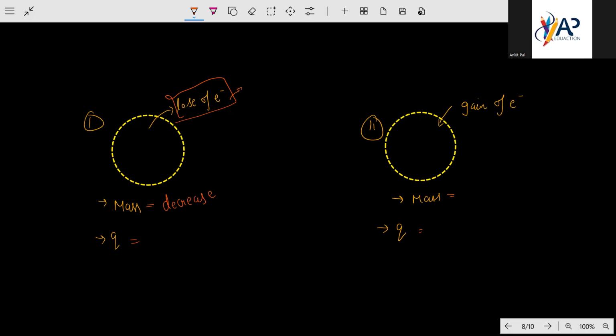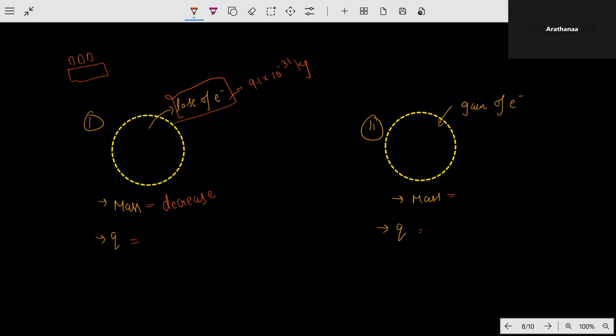because the mass of an electron is 9.1 into 10 to the power minus 31 kg. Suppose this is a weighing machine. There are four students A, B, C, D. Sir, what does Q stand for? Charge. Suppose the total mass of the four students is 100 kg, right?